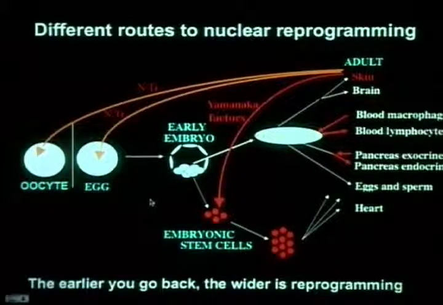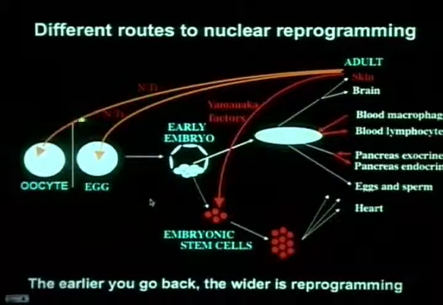Now this sort of summary diagram just puts the nuclear transfer work into perspective in respect of other kinds of reprogramming work. I've talked about transplanting nuclei like adult nuclei either into eggs when they can develop into these different derivatives, or into oocytes when the pluripotency genes are reprogrammed.